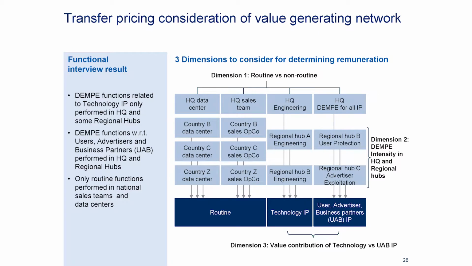And second, everything that is more user-based or advertiser-based or business partner-based, so relations with people or other organizations. So the question that is the heart of any transfer pricing solution for a tech company is especially this dimension. We will deal with that later.